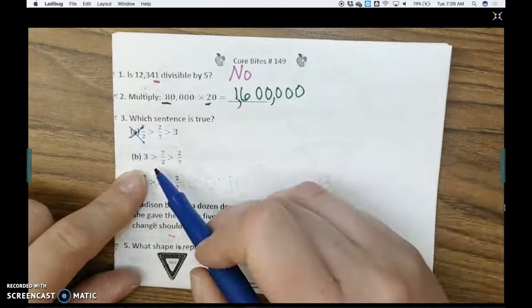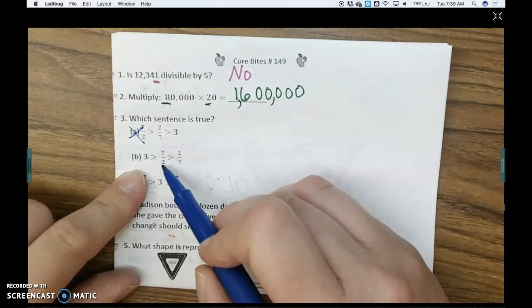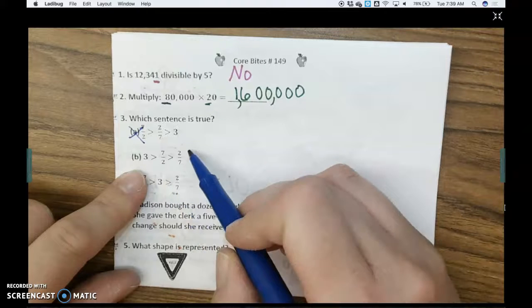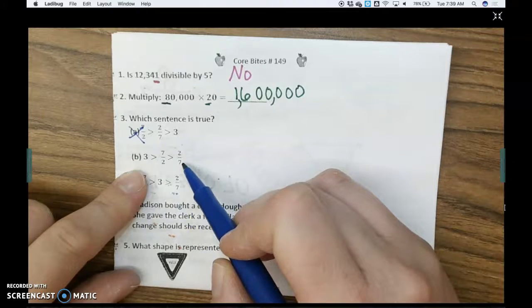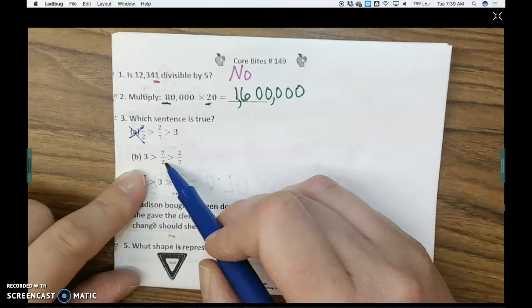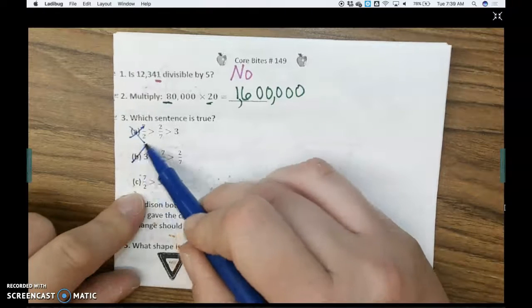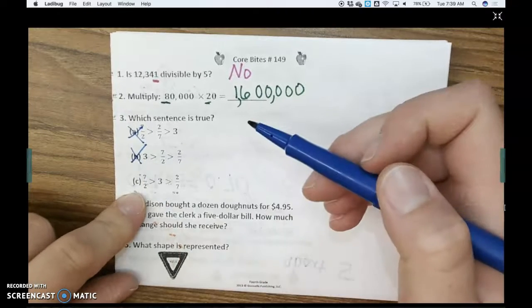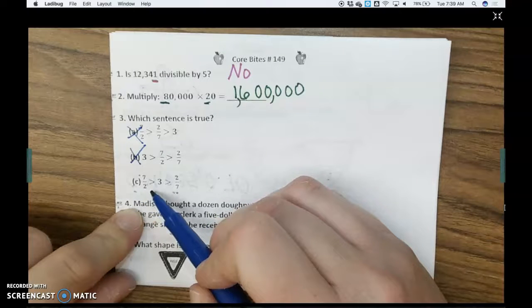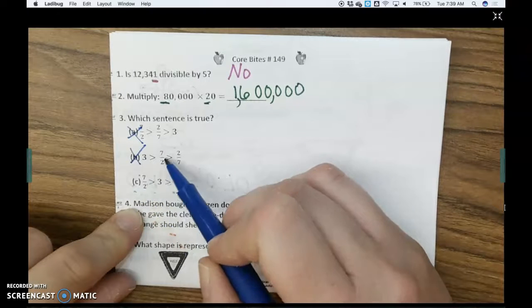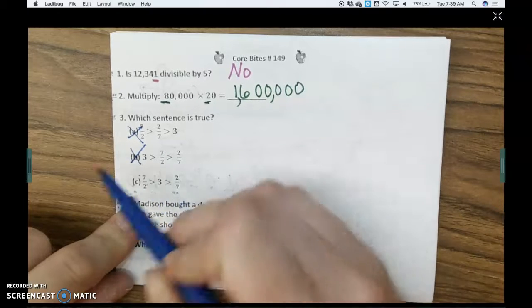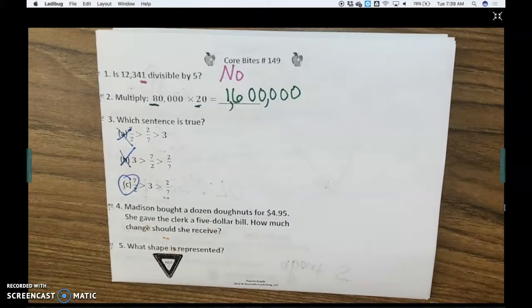So here we have 3 is greater than 7 over 2, and that is greater than 2 over 7. Actually, 2 times 3 gives you 7 plus a remainder, so that's not true because that's more than 3. Here we have 7 over 2 is greater than 3, which we found out here, and then that is greater than 2 over 7. So that is your best answer for that one.